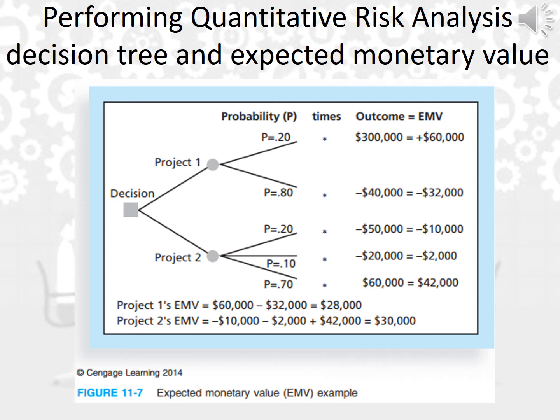Project 1 also needs to be split into 2 parts, 2 probabilities. The probabilities here will have 2 options. One will happen and lead to profit. That's why you can see at the end the 60,000 will be plus, for 20%.